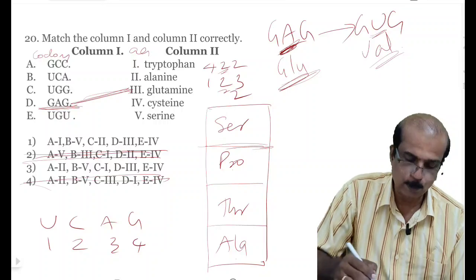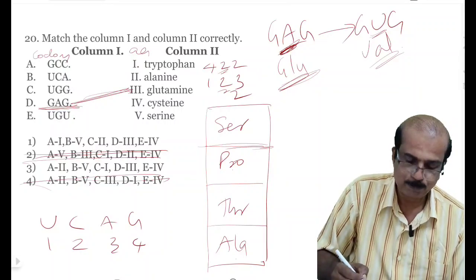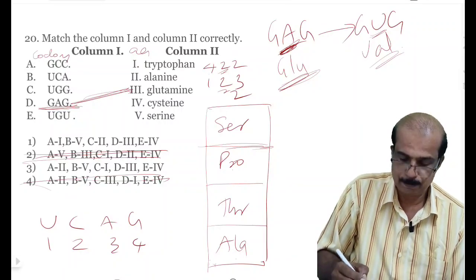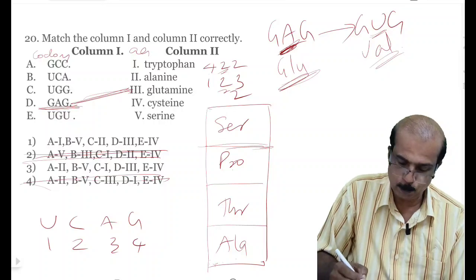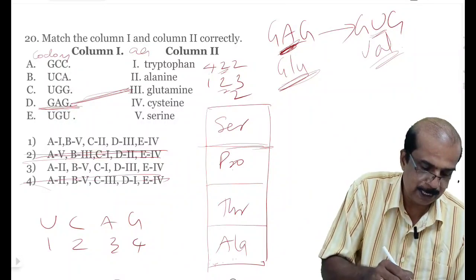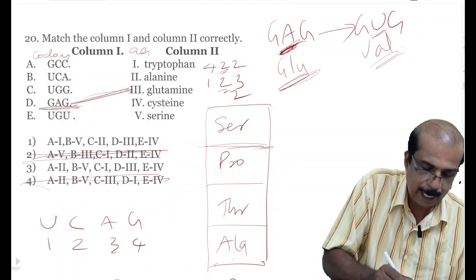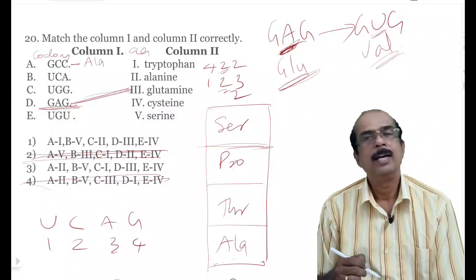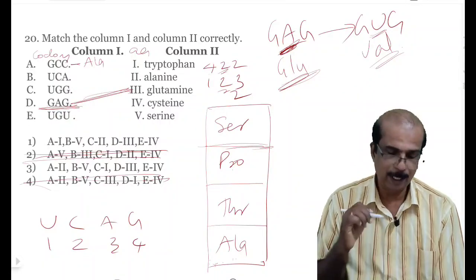Here 422: 4 means the fourth row, alanine. GCC codes for alanine. We can easily decide from this code number.